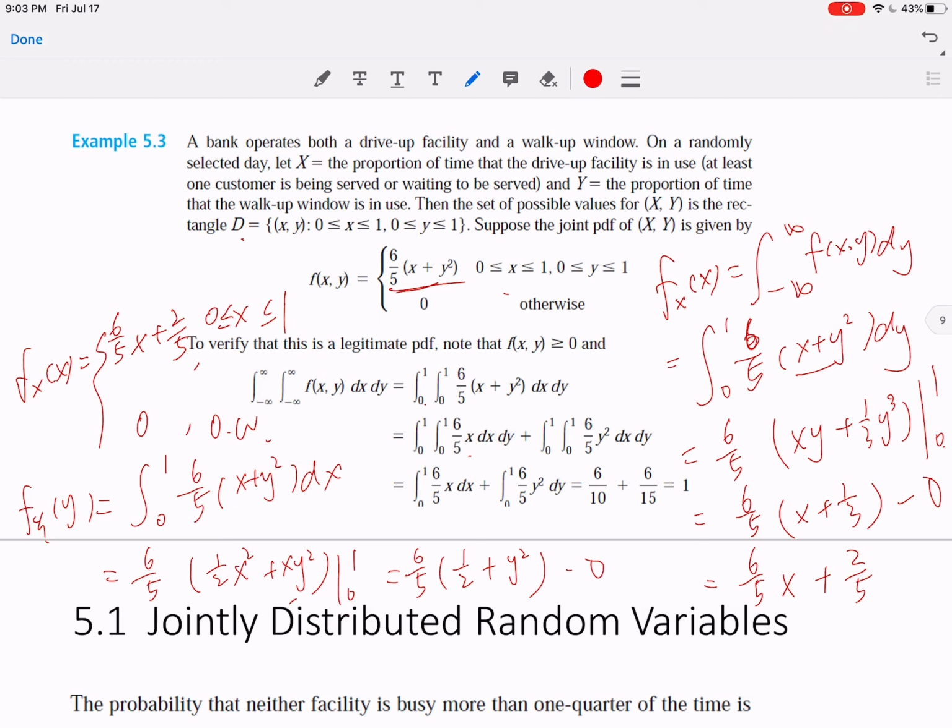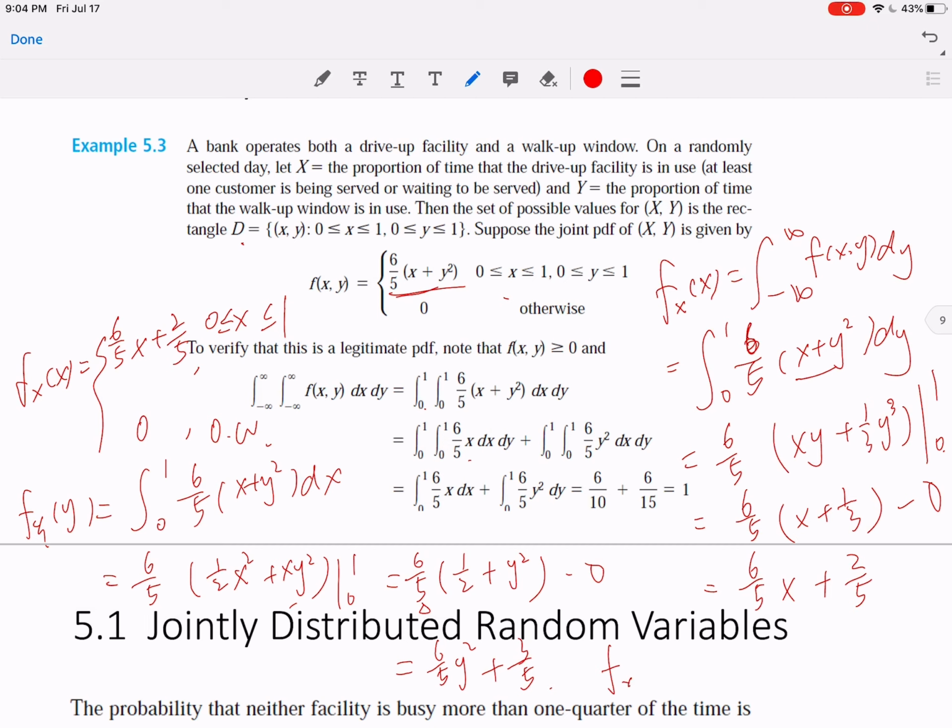And then we just need to simplify a little bit. If we distribute this to the parentheses, it's going to be 6 over 5 y squared, and then plus 3 over 5, right? So if you write it down in general, f of y is equal to 6 over 5 y squared plus 3 over 5, of course for y between 0 and 1.